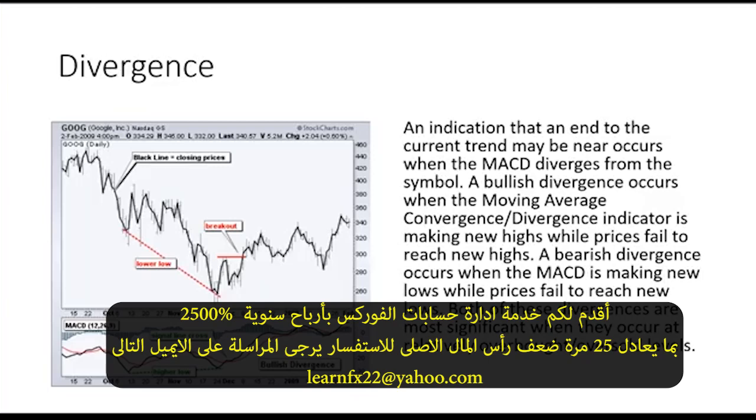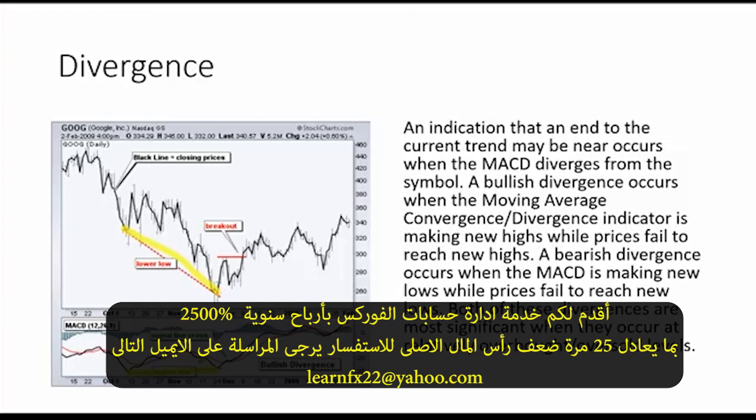An indication that an end of the current trend may occur is when the MACD diverges from a symbol. Now, divergence occurs when we see that the MACD line is making higher lows while price itself is making lower lows.